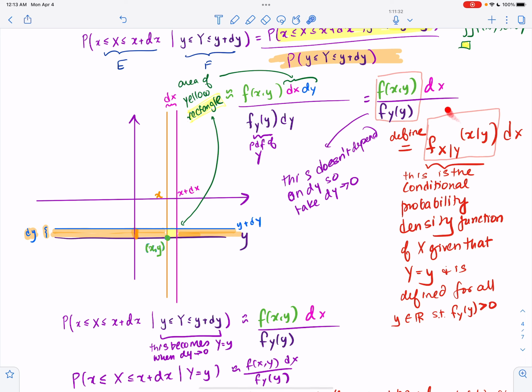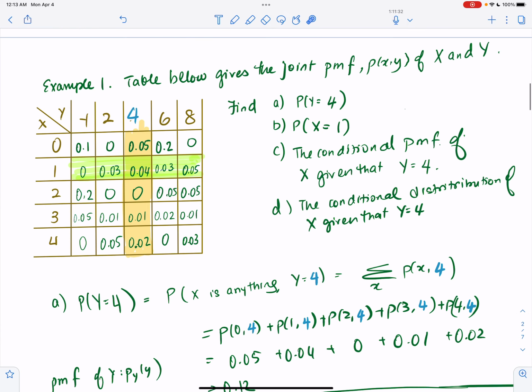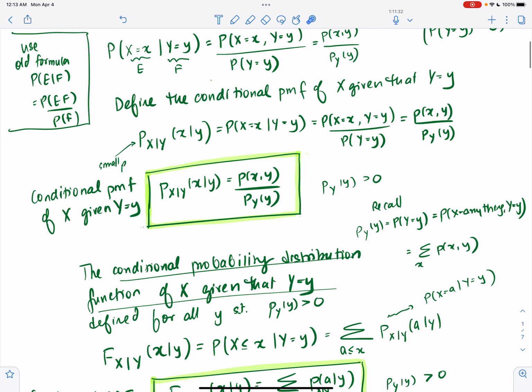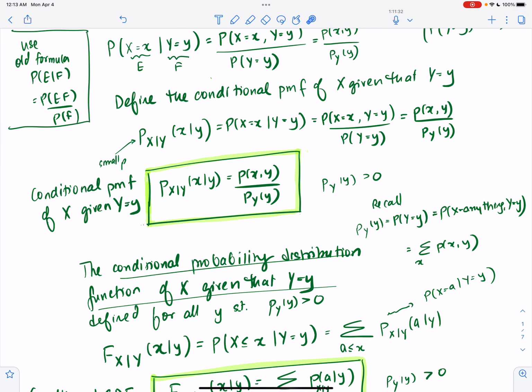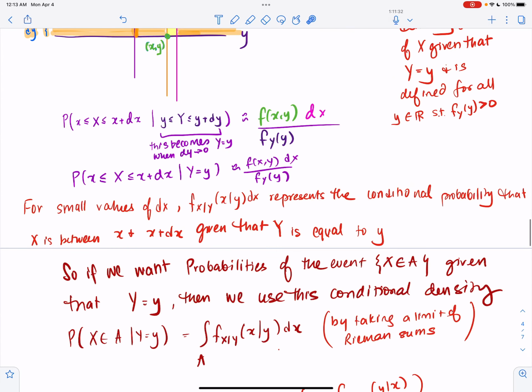And if you compare this conditional density with the one that you had in the discrete case, you see it's exactly the same. You see? Over there we had p of x, y over p sub y of y. Okay?